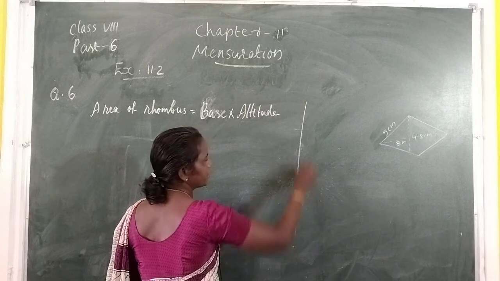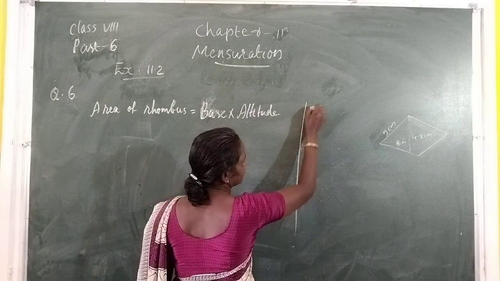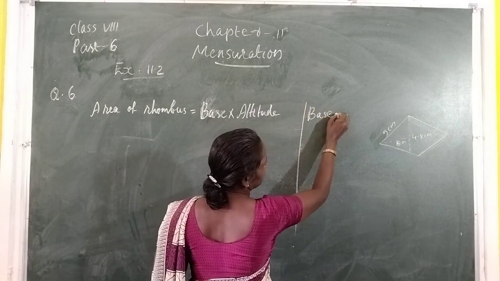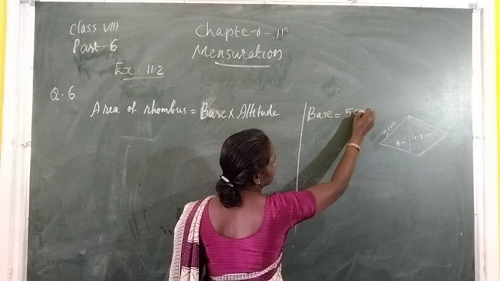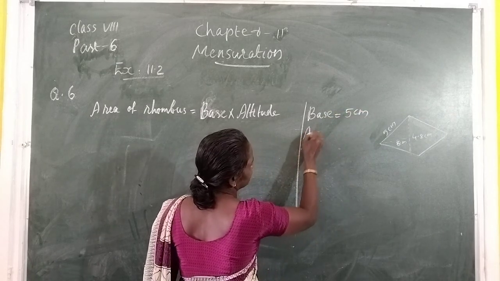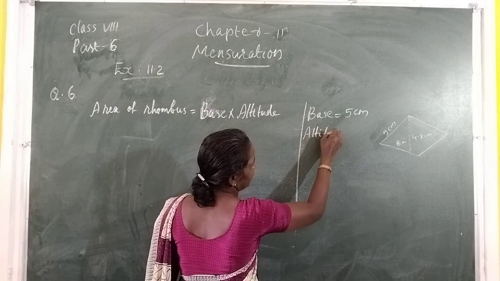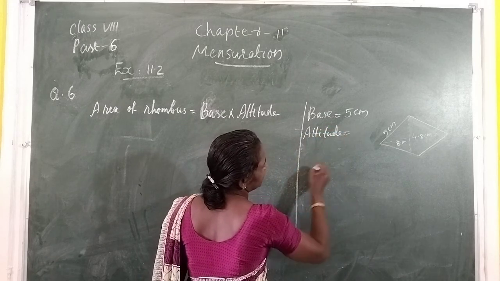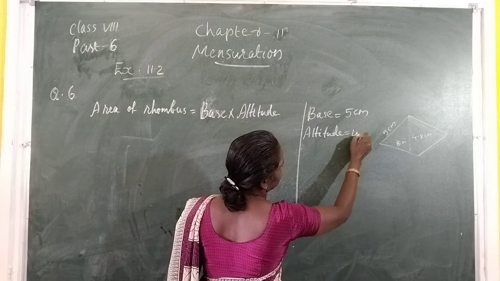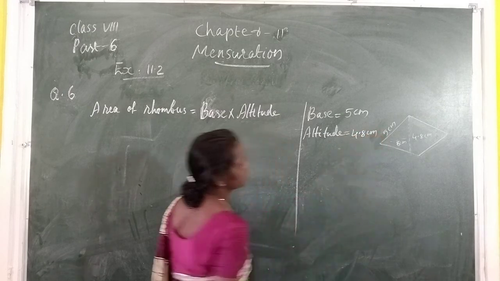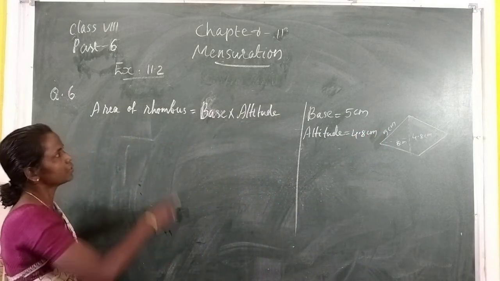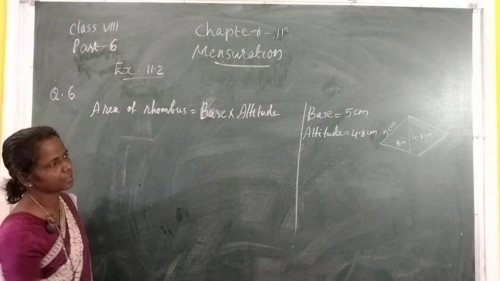Here what is the base? Base means one side. Base is equal to 5 centimeter. Then altitude is equal to 4.8 centimeter.